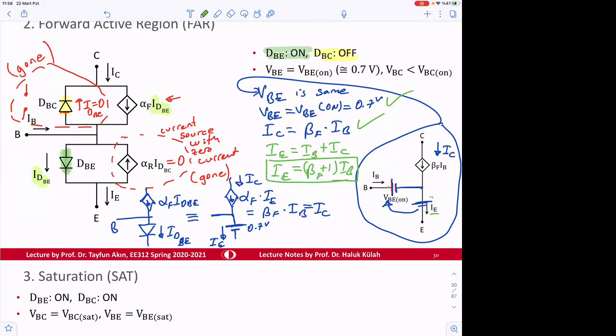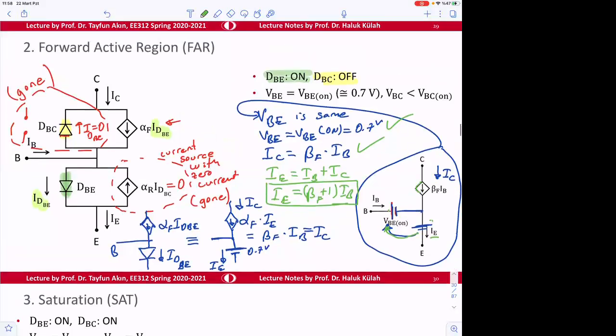And what about the collector-emitter voltage? When we move this from here to here, it is not affected because there's a current source here.